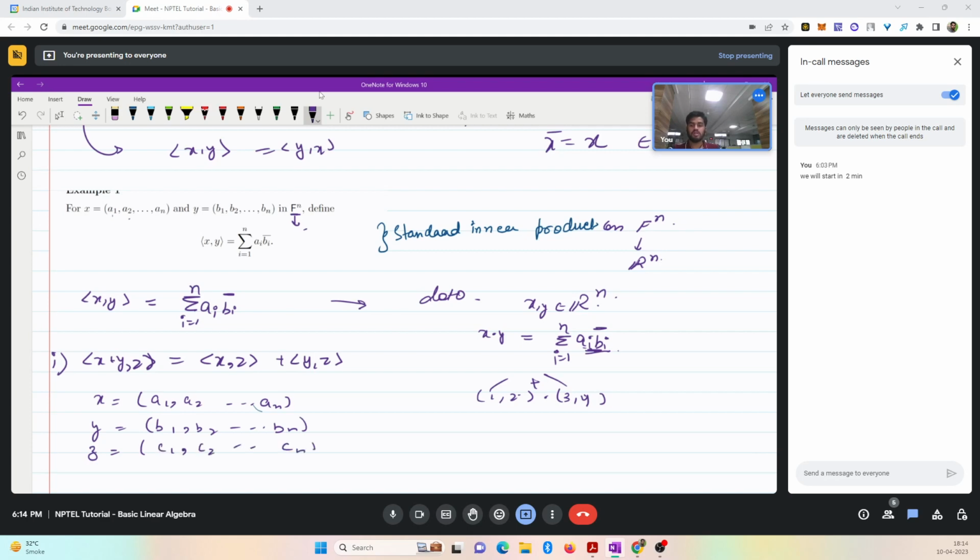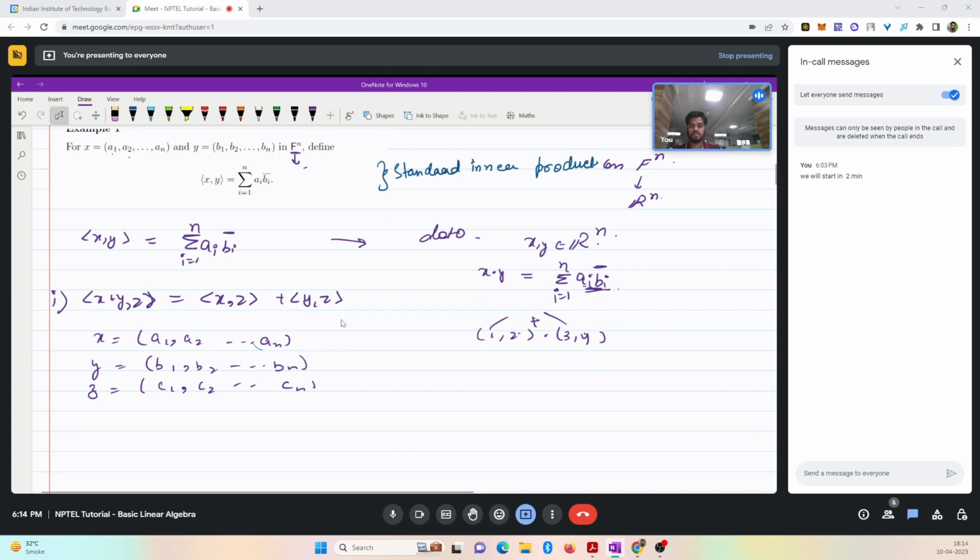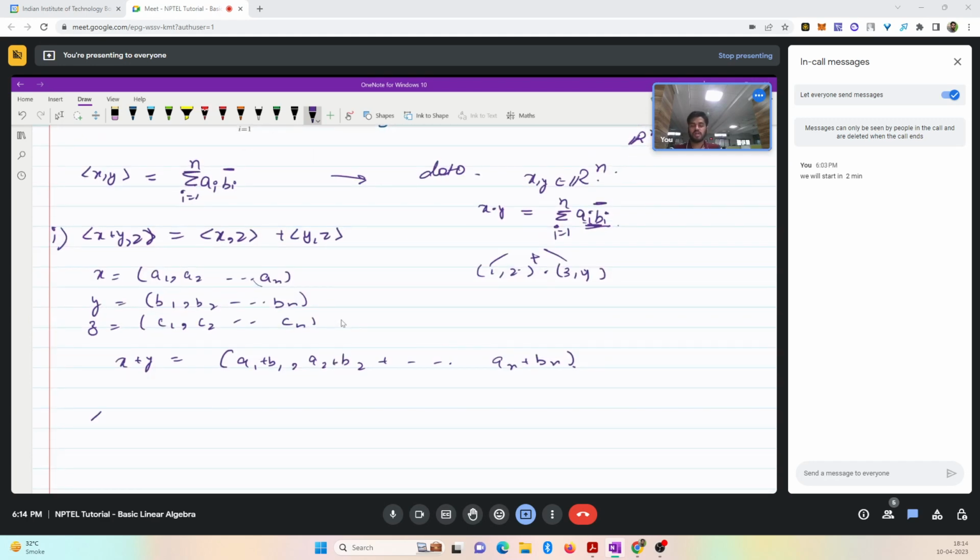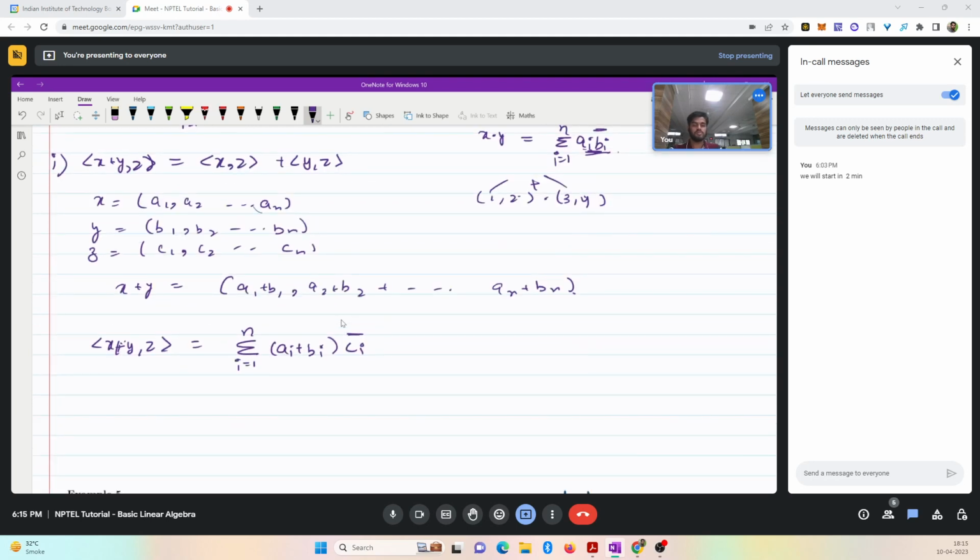Then my left hand side can be, if you take x plus y, it's nothing but a1 plus b1 and a2 plus b2 and so on. So now if you take (x plus y, z), this is given by the summation i equal to 1 to n of (ai plus bi) into ci conjugate, right?